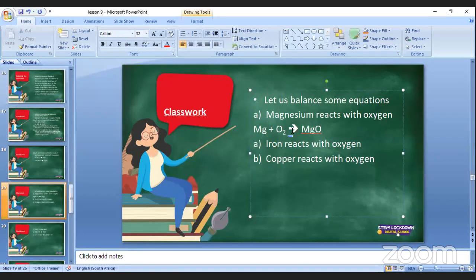If we look at this, our magnesiums are balancing, but our oxygens are not balancing. So we're going to need a coefficient 2 here. Then we've got 2 magnesiums and 2 oxygens, but our magnesiums are not balancing. How many do we have on the right? We've got 2. So we can put 2 here, and then our equation is balanced.